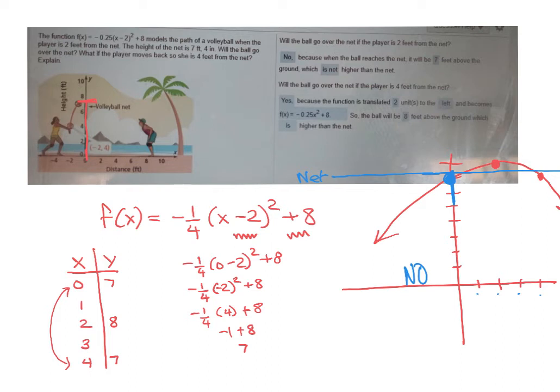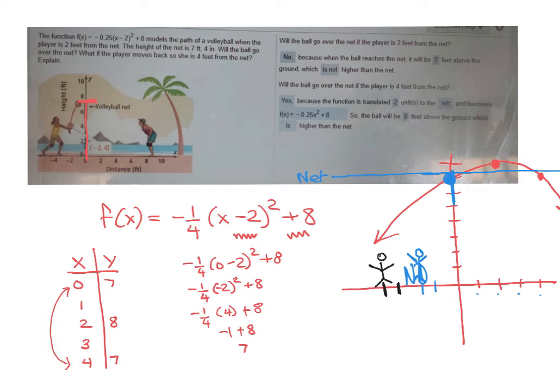Now, this is what the graph looks like when the player is standing 2 feet from the net right here. The trajectory of the ball doesn't change, just the location of where the ball is hit changes. So if the player were to take 2 steps back, they'd now be located over here at 4, negative 4.